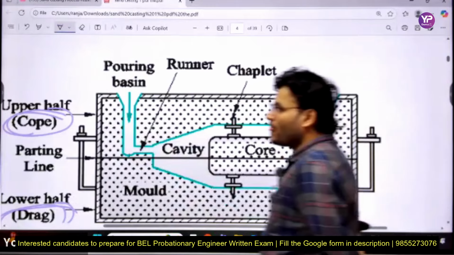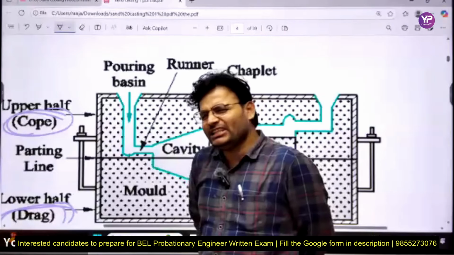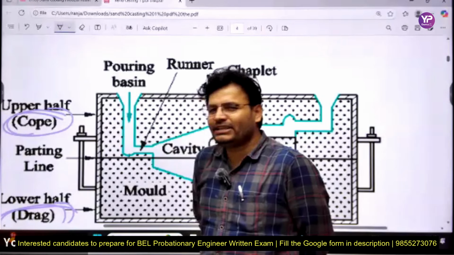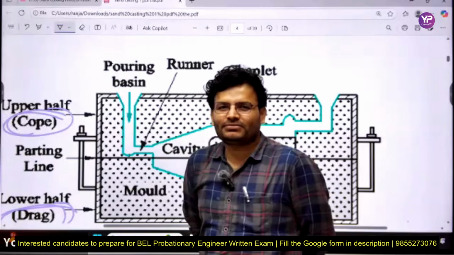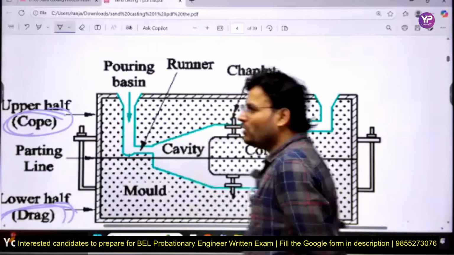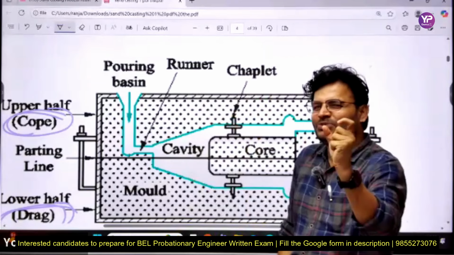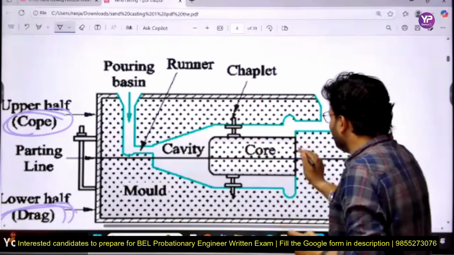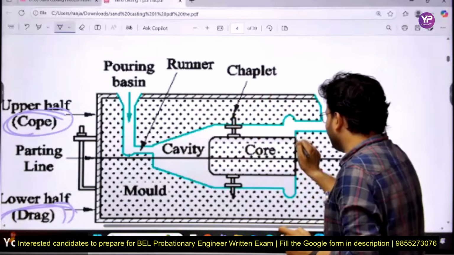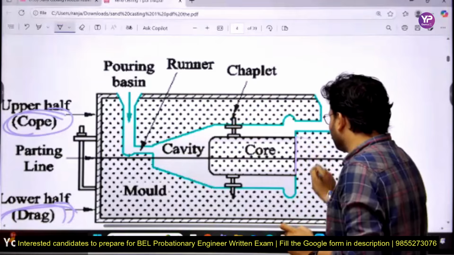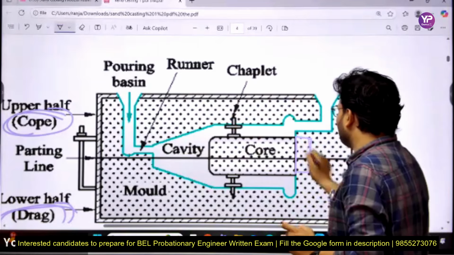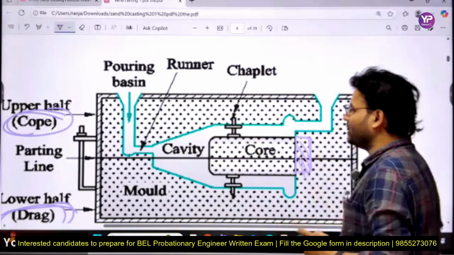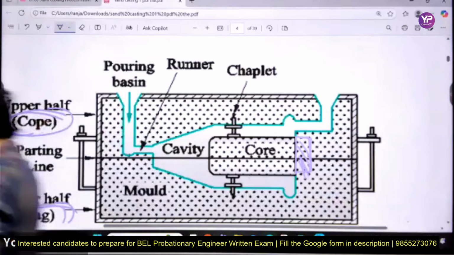So can you put the core anywhere in the sand, in the cavity? No sir, I cannot do like that. You cannot do like that. So over the pattern, I have to give some impression. I need to put the core here, so that type of impression will be inside that, and simply we can say this is the core print.